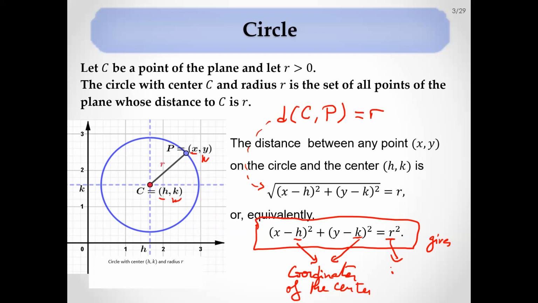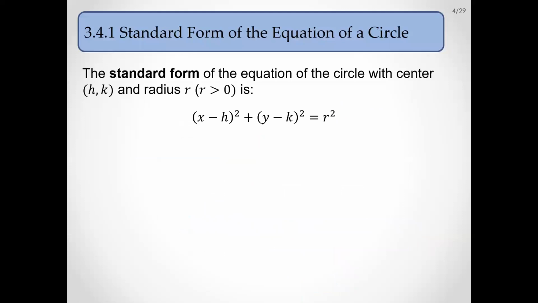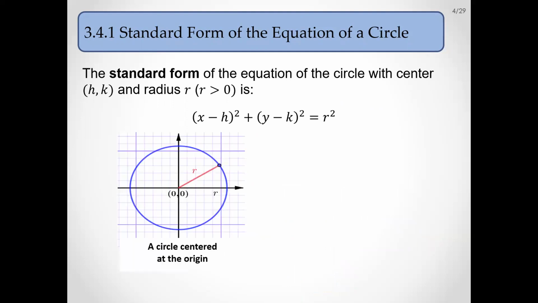And this is the radius. So the formula, all of us must know it, but it's an easy formula as we'll see. So this is called the standard form of the equation of the circle with center (h, k) and the radius R non-negative.